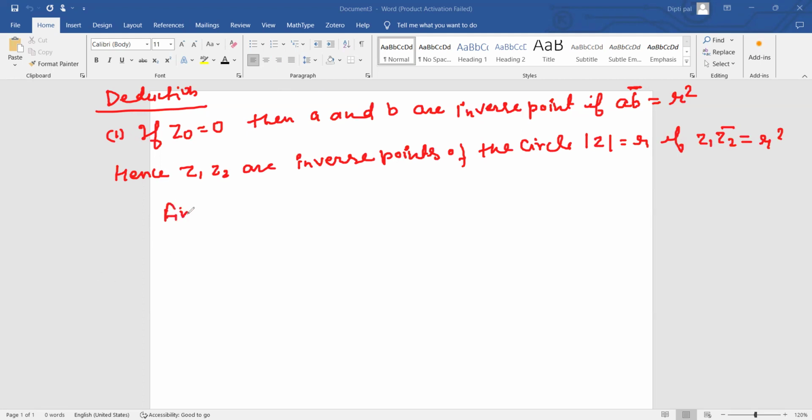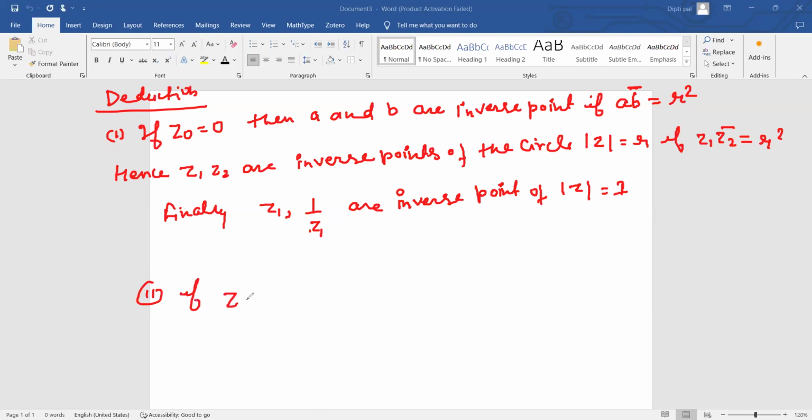Finally, Z1 comma 1 upon Z1 bar are inverse points of modulus of Z equal to 1.